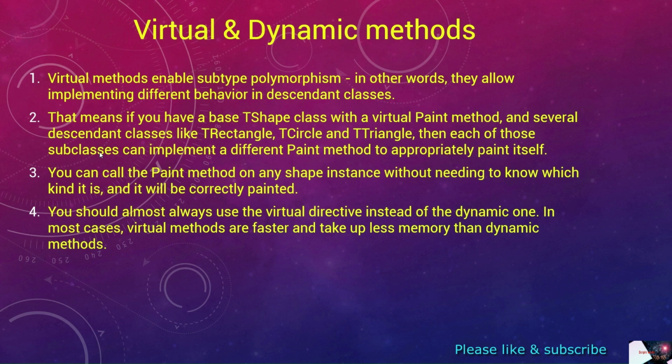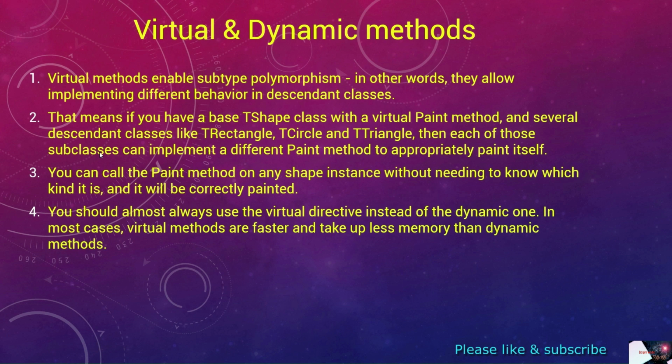So suppose we have the TShape base class with the virtual Paint method. And in the descendant classes, like TRectangle, TCircle, or TTriangle, we are inheriting the TShape class. Then each of these subclasses can implement a different paint method to appropriately paint itself.